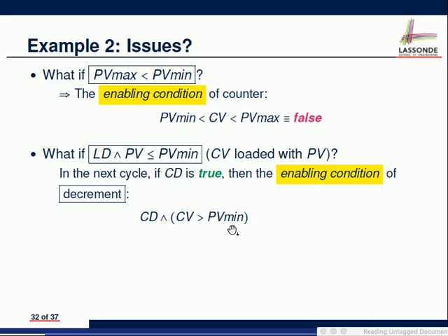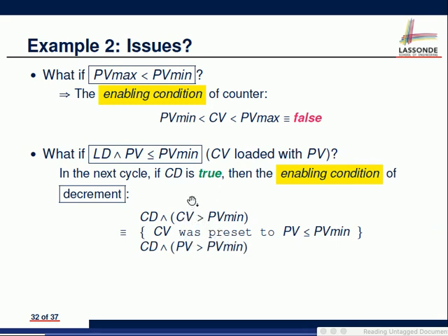If you do some substitution, it's going to be PV, because CV has been loaded with PV. With a little derivation, you can see that PV is less than or equal to PV min, but the enabling condition is larger than. They're completely opposite to each other, so that means it will just be false.